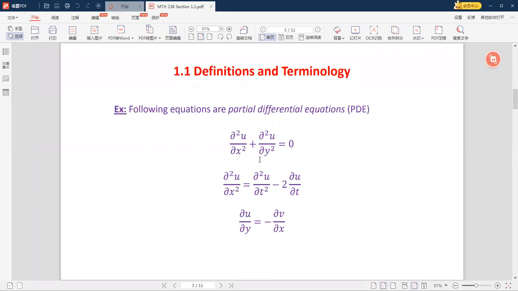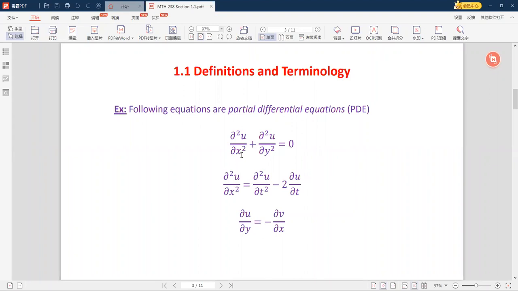For example, in the first equation, we have ∂²u/∂x² plus ∂²u/∂y² equal to 0. So this time we have 2 independent variables. See, so that's the difference. You have more than one independent variable in partial differential equations. So then you get the partial derivatives.